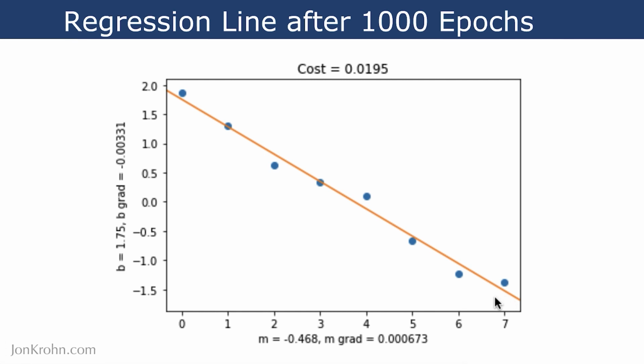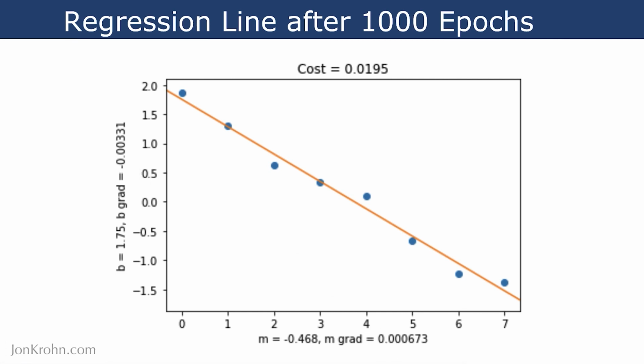And we can see that our gradient del C del M has become very close to zero, as well as our gradient del C del B, indicating that we have probably found, or are getting very close anyway to, the perfect point in our cost curve. We have minimized cost with respect to both of our model parameters.